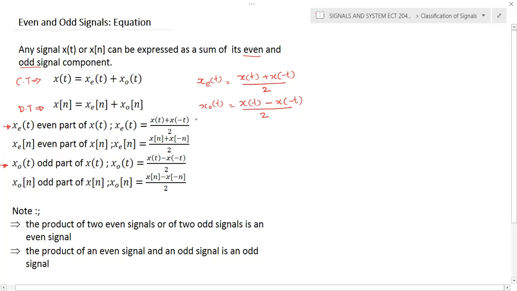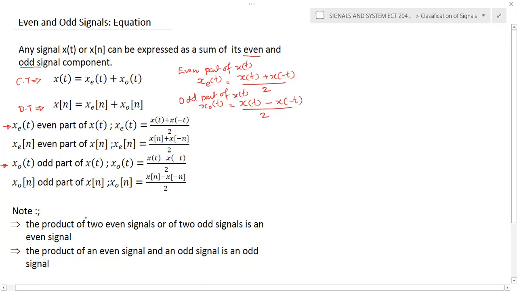Please remember this formula, it is very important, for the even component, the even part of x of t. Similarly, the odd part or odd component of x of t can be written like this.